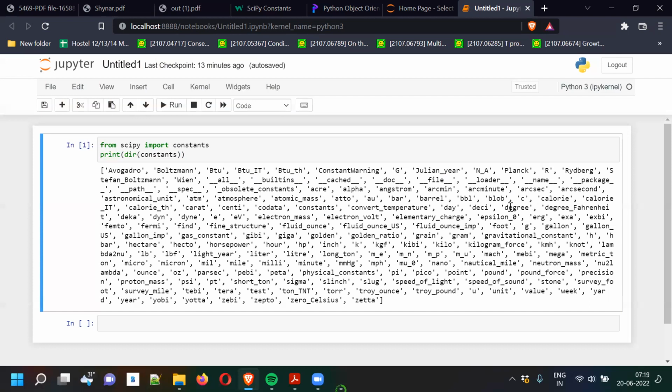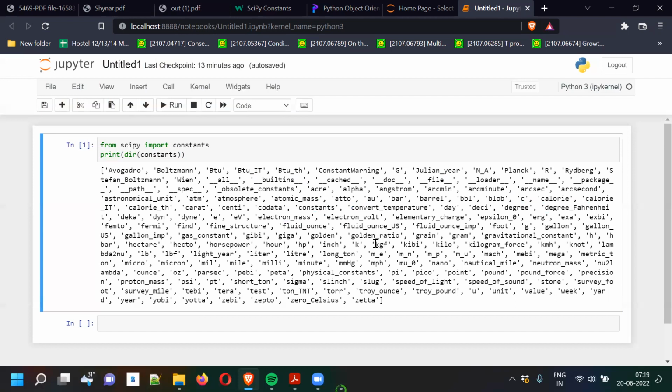Then the temperature things, you have degree Fahrenheit. Then you can convert temperature, but converting from one unit to another, there is a constant involved. So what is that constant? Electron mass, and there are many others.